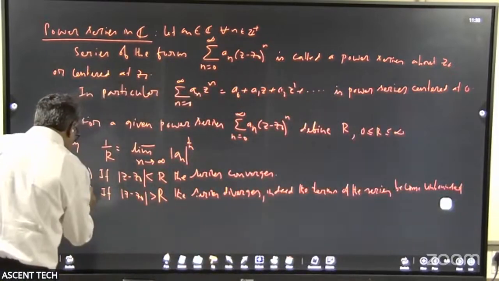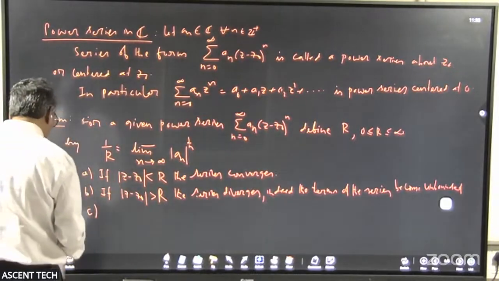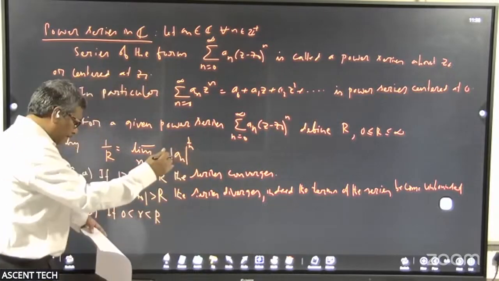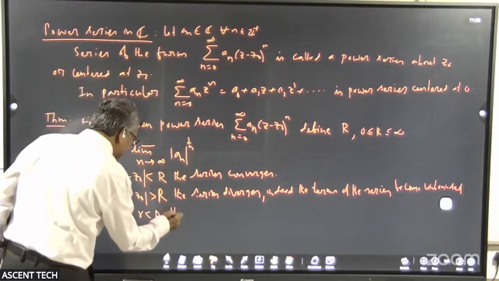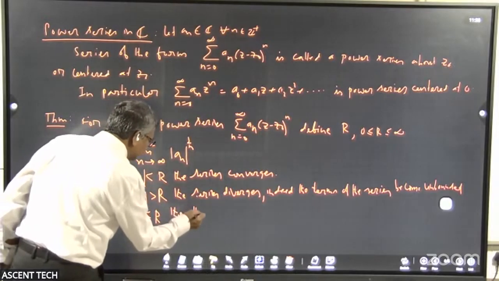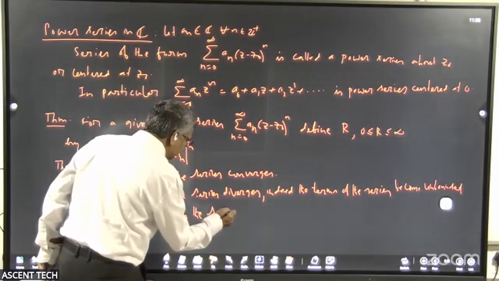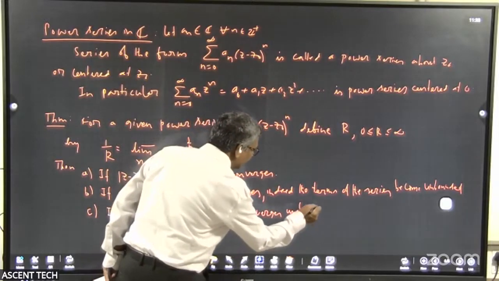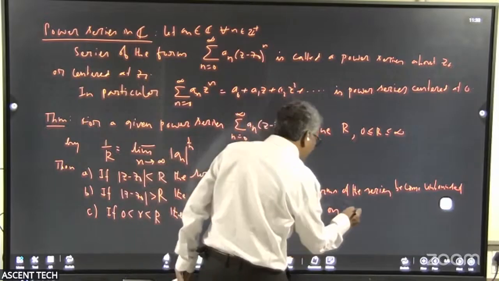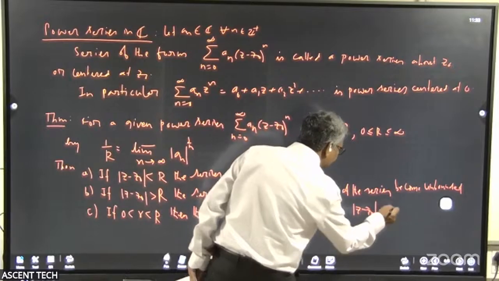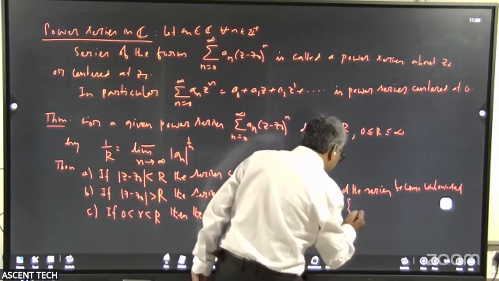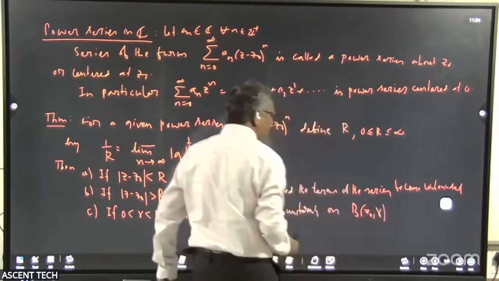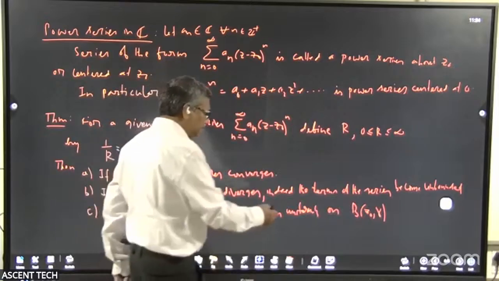And I will do one more thing. B. If 0 less than small r less than capital R, I go even a little lower, then the series converges uniformly on the set of mod z minus z naught less than or equal to r.